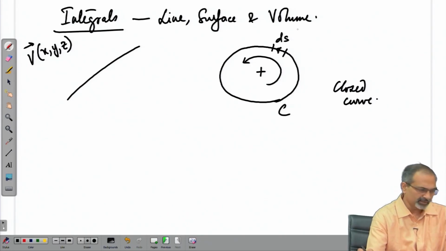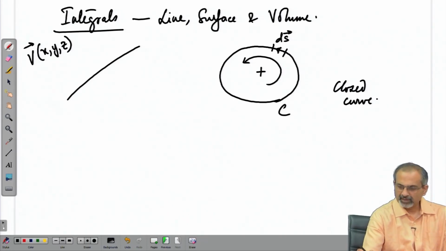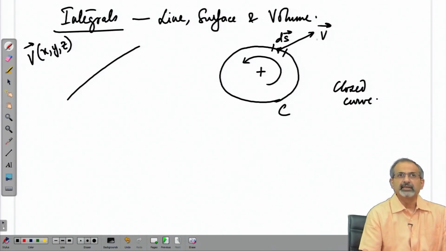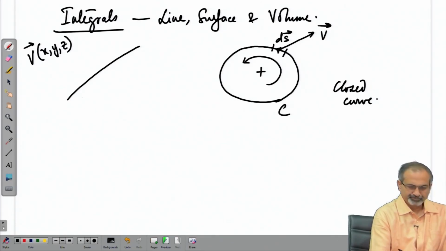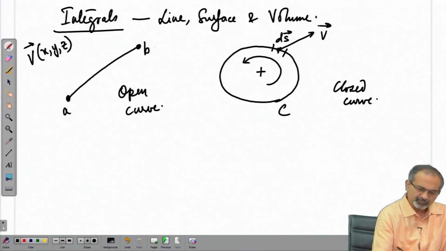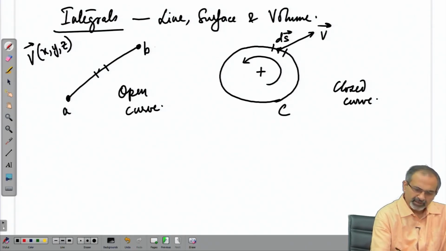We mark that element as ds, and over that element, this is the indication of the vector v. In the open curve, we have a starting point and an end point, A and B. We similarly define a segment on it, and we will define an elemental vector.